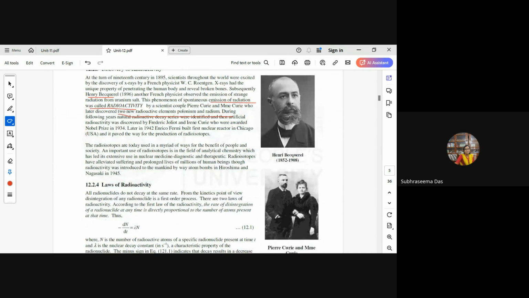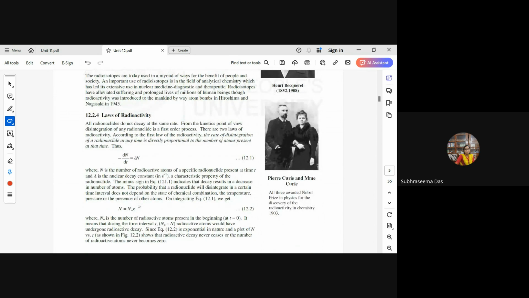Enrico Fermi first built the nuclear reactor, and it paved the way for further production of radioisotopes. The radioisotopes that are used today are always of benefit to people and society. However, we do also have negative influences of radioisotopes.